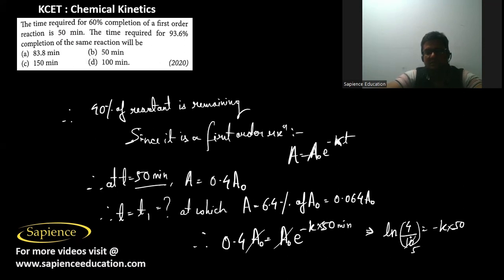So this is 2 by 5, so I can say k will be equal to 1 by 50 ln 5 by 2. So the rate constant k is equal to 1 by 50 into ln 5 by 2 per minute.